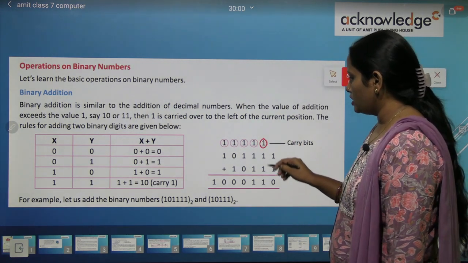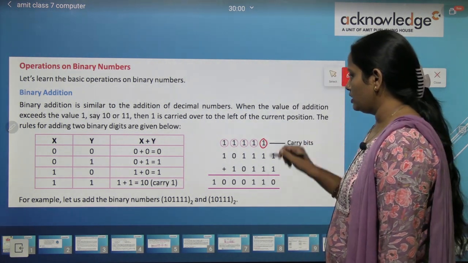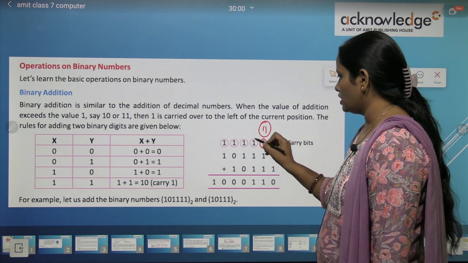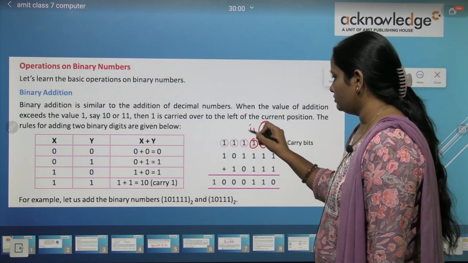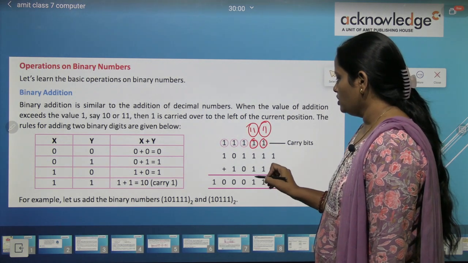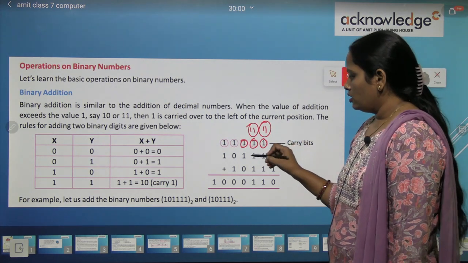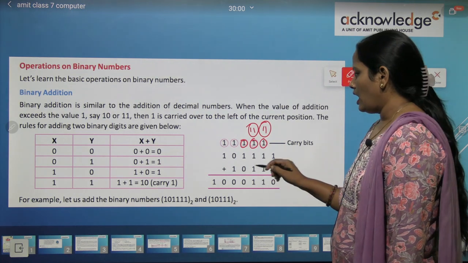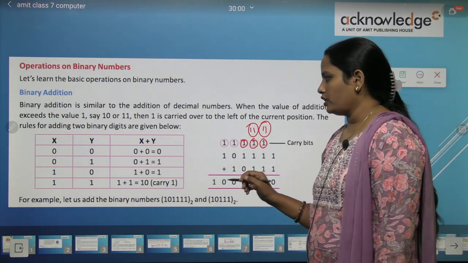Now again we are adding this 1 plus 1, we get 10 and then plus 1 is 11. So here we are getting 11. So 1 is written here and 1 is carried here. Again we are adding these two, we get 11 and again 1 is written and 1 is carried. Now here is 1 plus 0, which means 1, and 1 plus 1, with the carry 1, what does it come to?